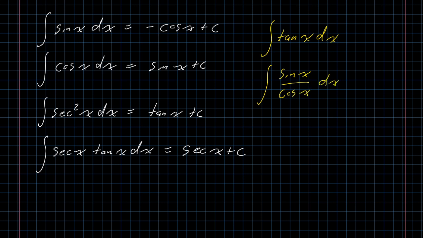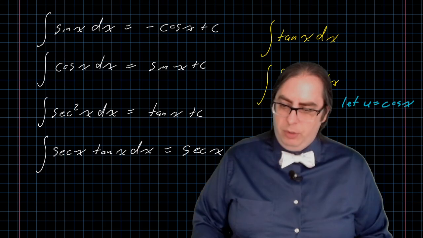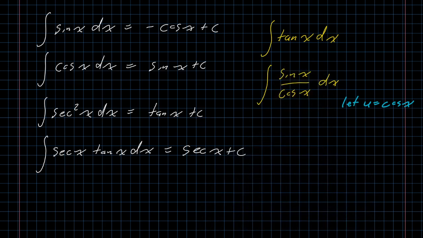And now I can try a u substitution. Whoops, why did I show up? Oh, my controls are doing weird things today. Anyway, if I let u equal cosine of x, then du is going to be the negative of sine x dx. That kind of ran off of the screen to where my touchscreen isn't really behaving anymore.